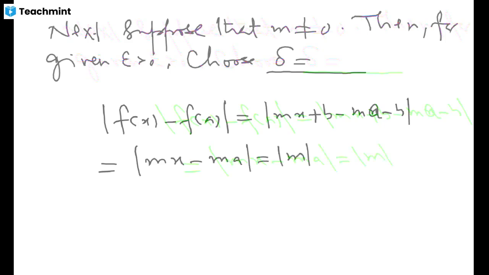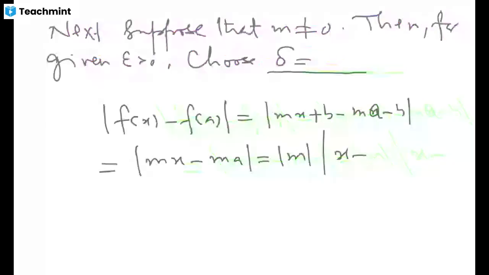If you use the multiplicative property of the absolute value, then it is absolute value of m times absolute value of x minus a. Now from here we can guess what our choice of delta should be. I want the absolute value of f of x minus f of a to be less than epsilon, and this will be less than epsilon when absolute value of m times absolute value of x minus a is less than epsilon.